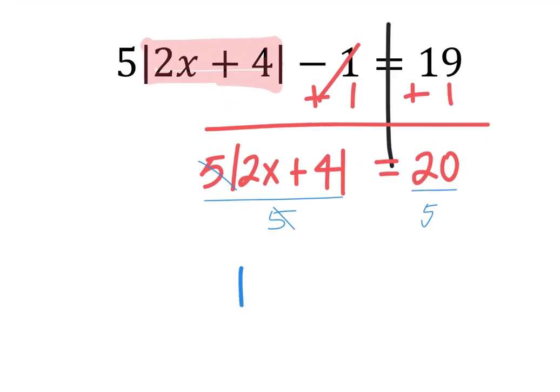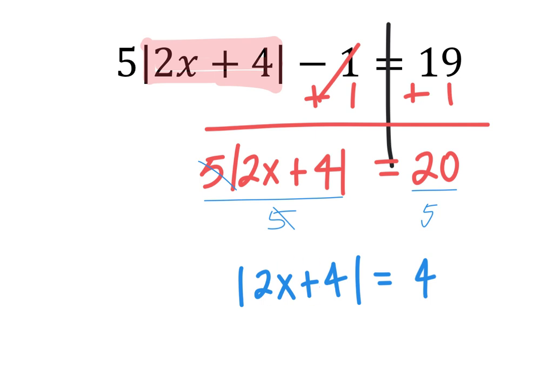So that I'm left with the absolute value of 2x plus 4 is equal to 4. All of that was step number 1. All of that was to get this absolute value by itself.